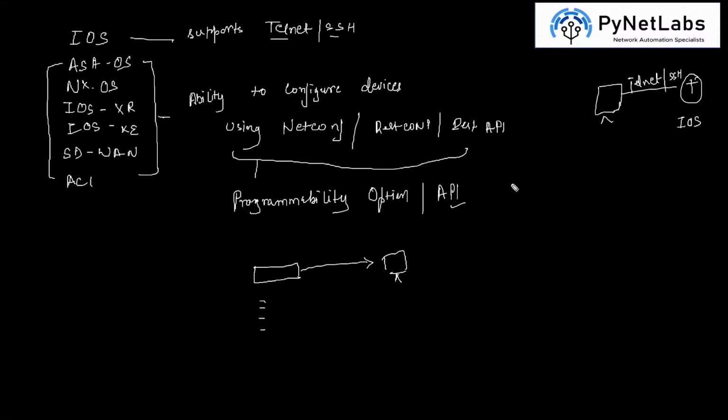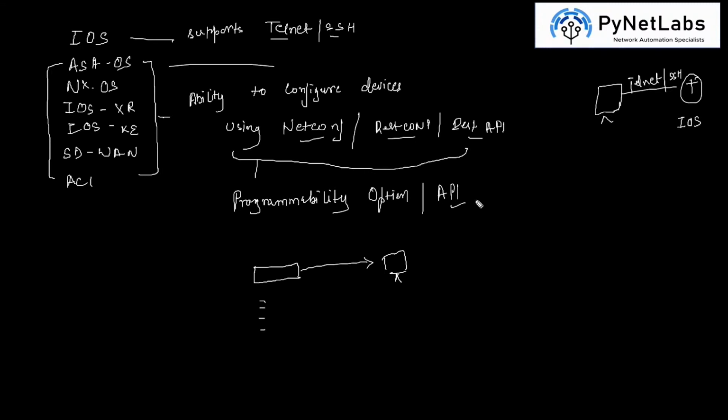But when it comes to these platforms which are available, these can be configured using some protocols, namely NETCONF, RESTCONF, and REST APIs. And API stands for Application Programming Interface.